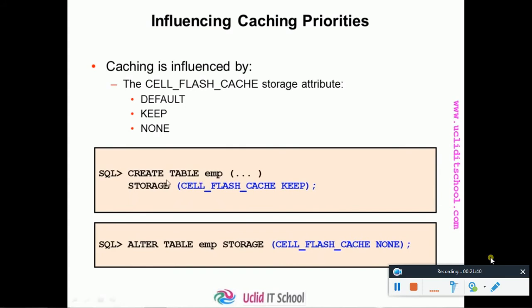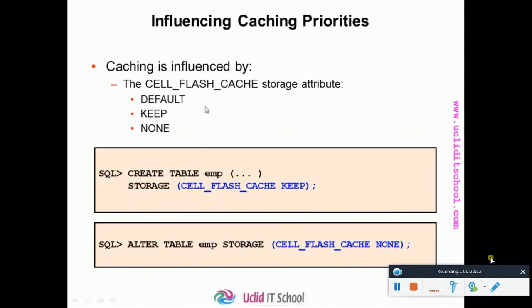That means the IO to this table is always cached. Later you can even alter the table to change the cell flash cache storage attribute using alter table storage cell flash cache none. That means from now onwards any IO to this table will not be cached. So you are deciding which table to keep, meaning cache, and which table not to cache.